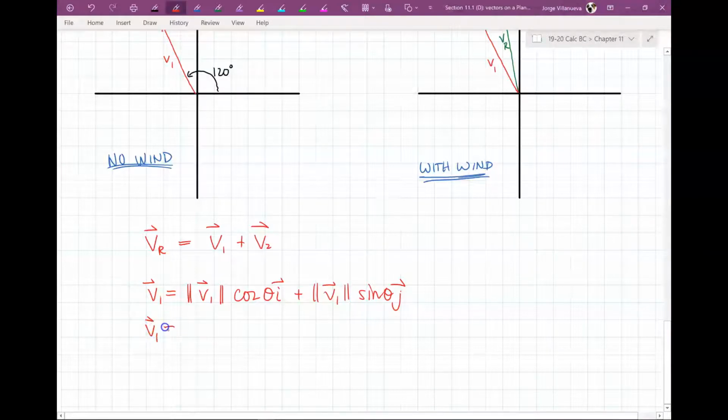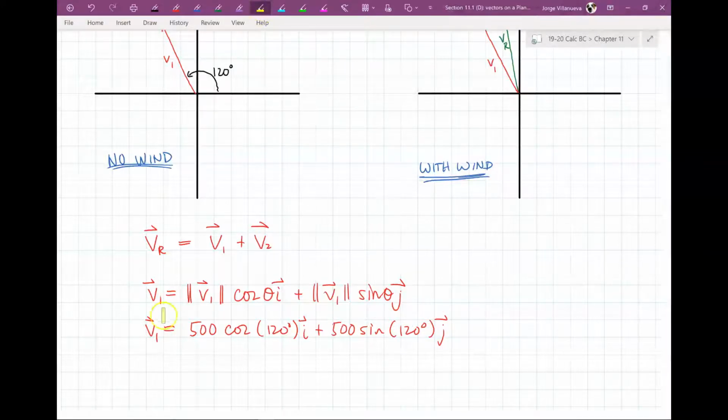So V sub 1 is 500. What's the angle? 120. So 500 cosine of 120 degrees i plus 500 sine of 120 degrees j. So there's V sub 1. I'll highlight that for us.